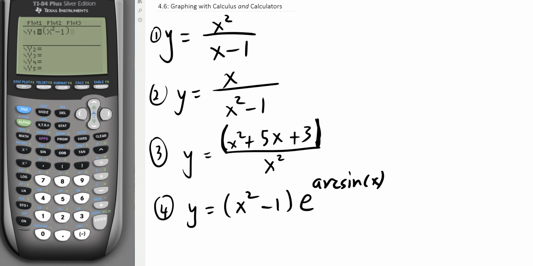It's in the first column where it says ln in blue, so to access that we click second and then ln. Then we enter the arc sine, which is where the sine is, in blue, so you use second for that. Then it asks what you want here, it's x, close it, and then graph it. Now when you try to graph it, look how the graph looks.